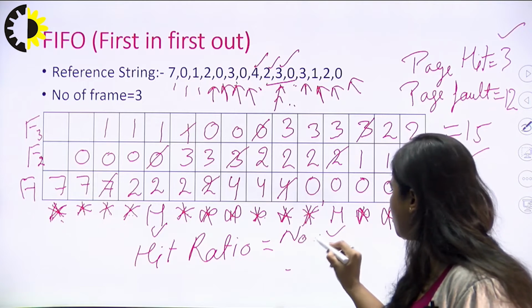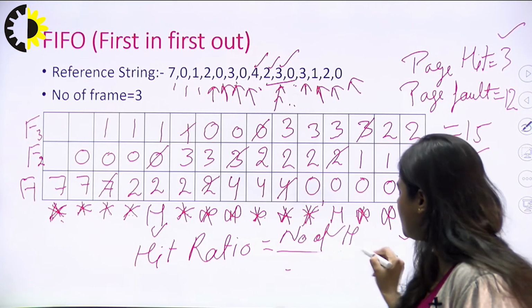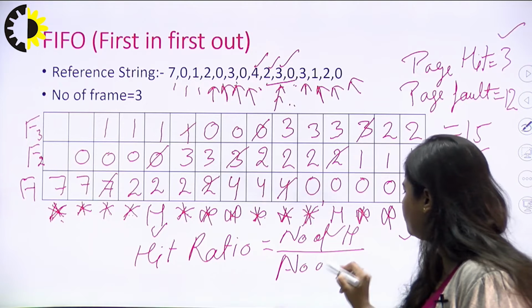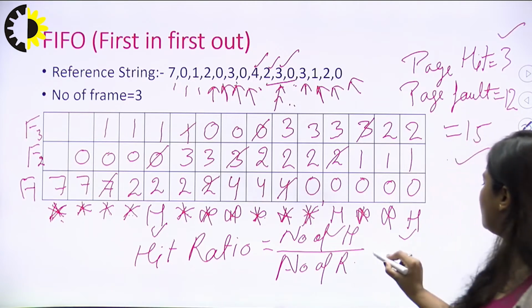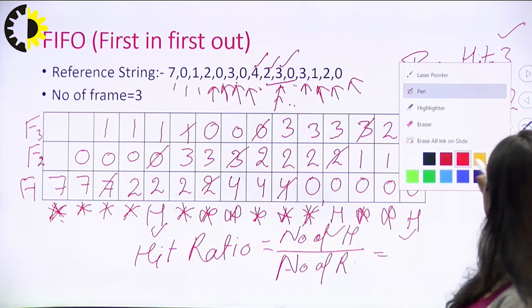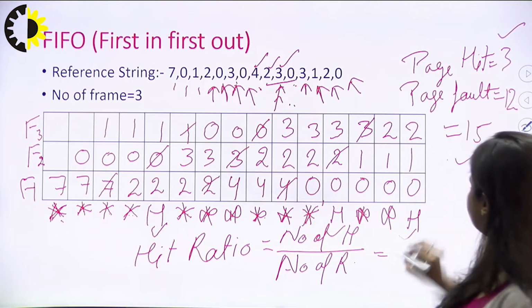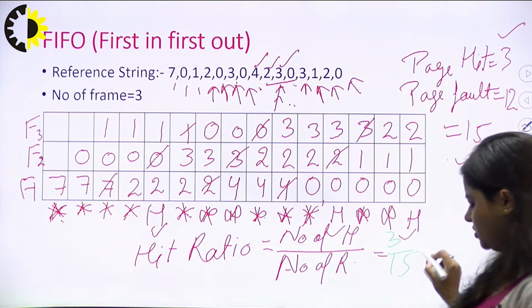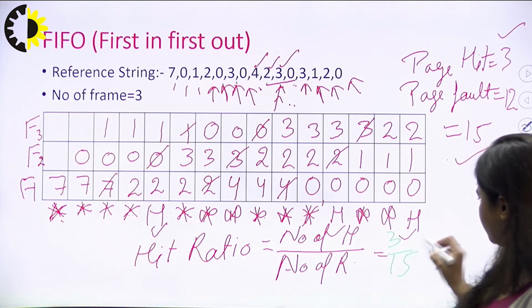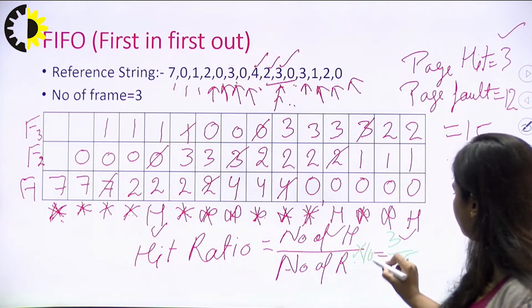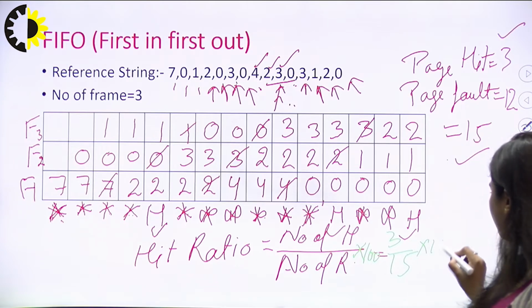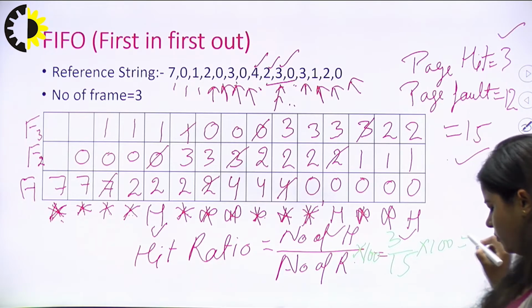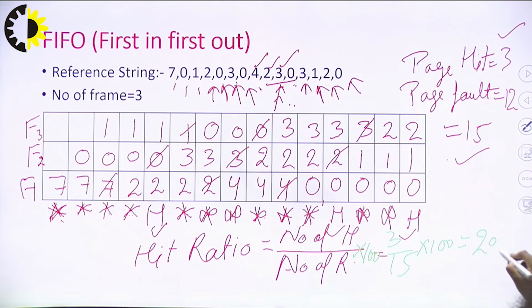Number of hits is 3 and number of references is 15. One more thing, multiply by 100. So we have got 20%.